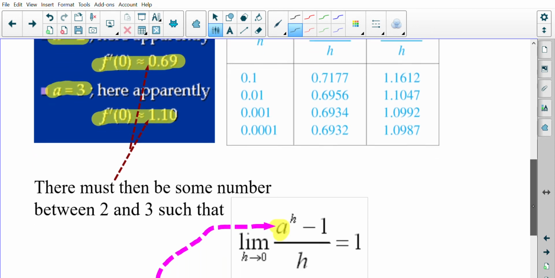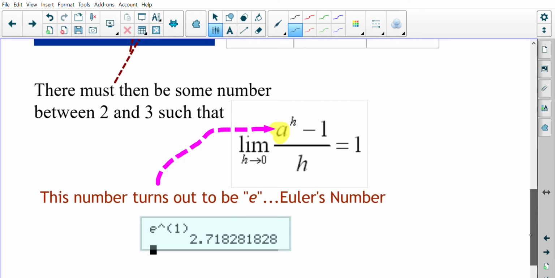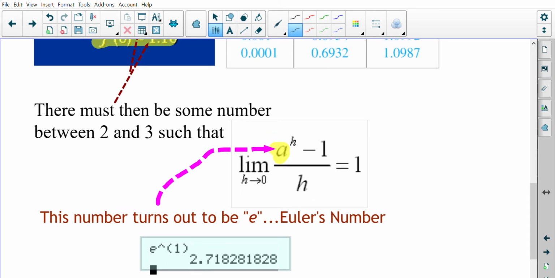So back many years ago, when they first were working with these derivatives of logarithms, they said, well, let's find a base so that when we do this calculation, this turns out to be 1.